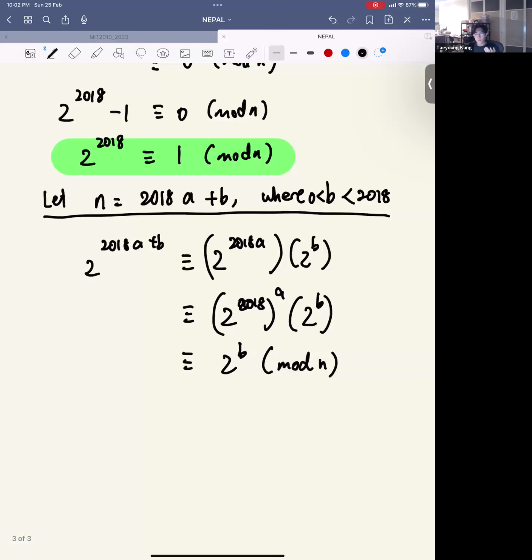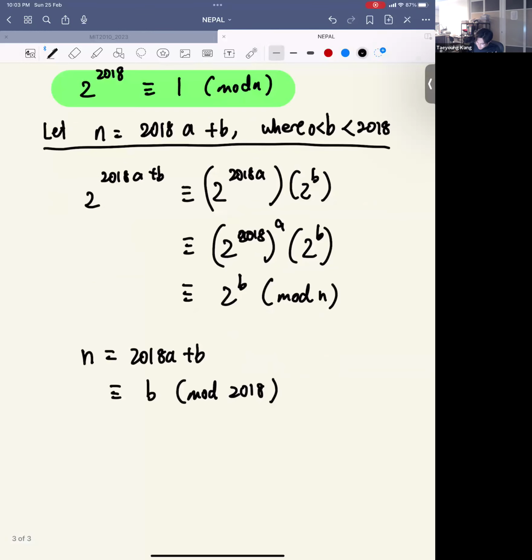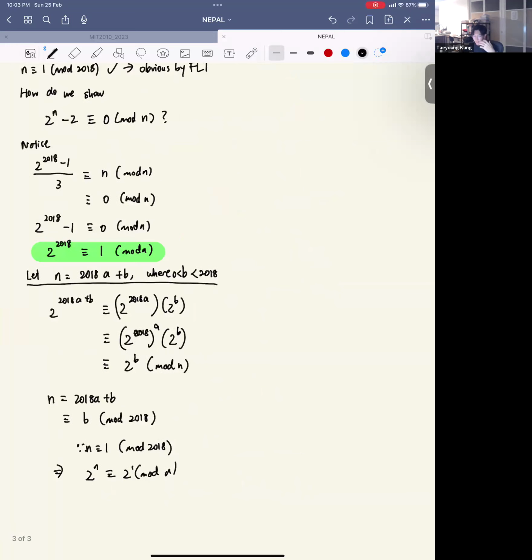And what is 2 to the power of b mod n? We notice that n is equal to 2018a plus b, which is congruent to b mod 2018, correct? Hence, since n is congruent to 1 mod 2018, it implies that 2 to the power of n is congruent to 2 to the power of 1 mod n. Are you guys clear of the link to the last part now?